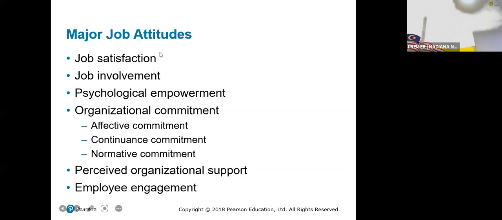And number three is normative commitment. By hook or by crook, whether you like it or not, you must commit. You must commit because this is the norm. If you don't commit, you will be punished by your group, by your organization.